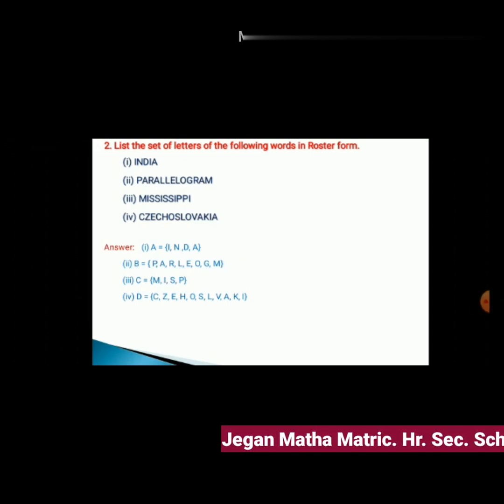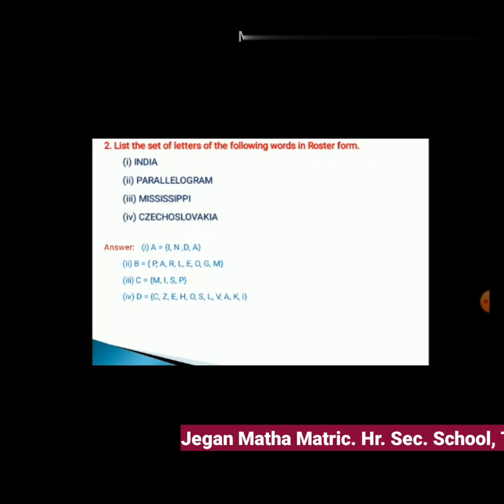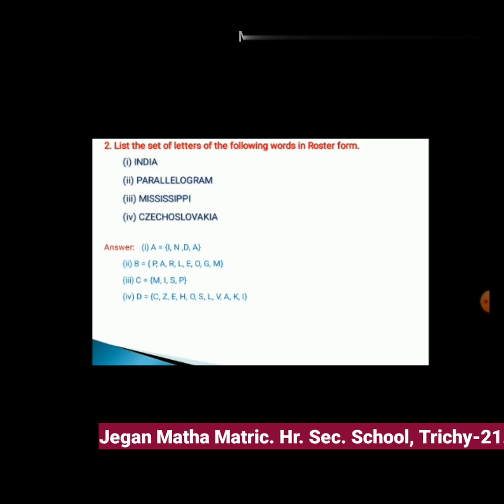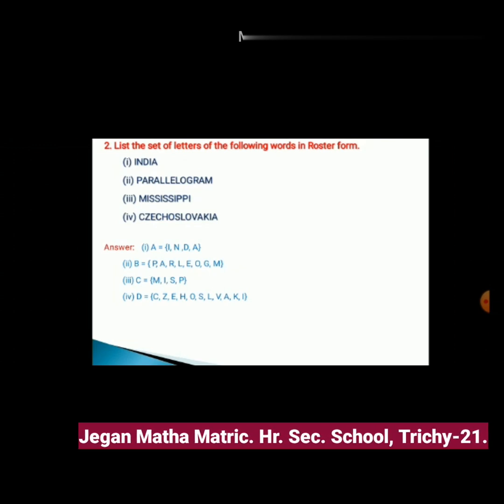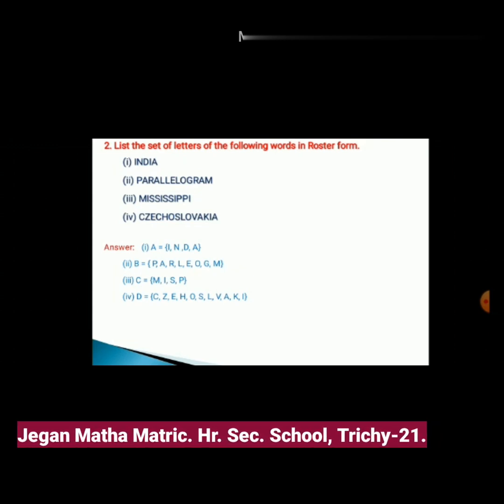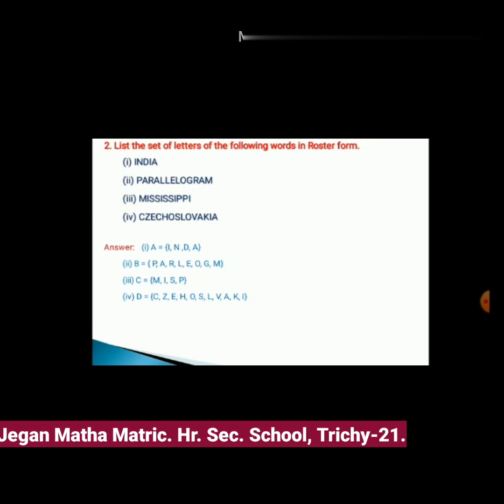The first one is India. Now you have to take the letters and list them out in the set. So describe the set as A. A is equal to {I, N, D, A}. I is already repeated. This is the first answer. The second one, parallelogram.